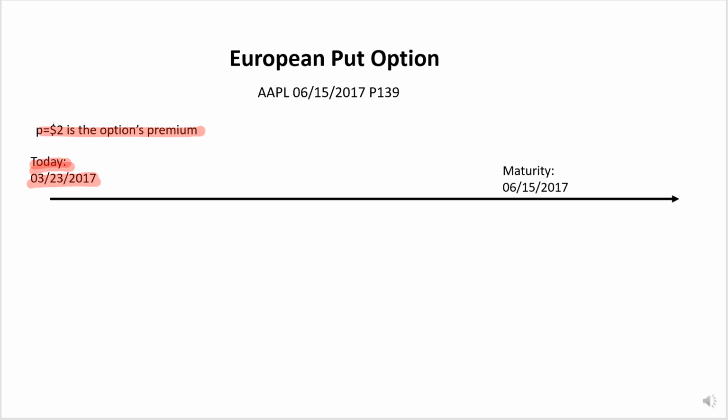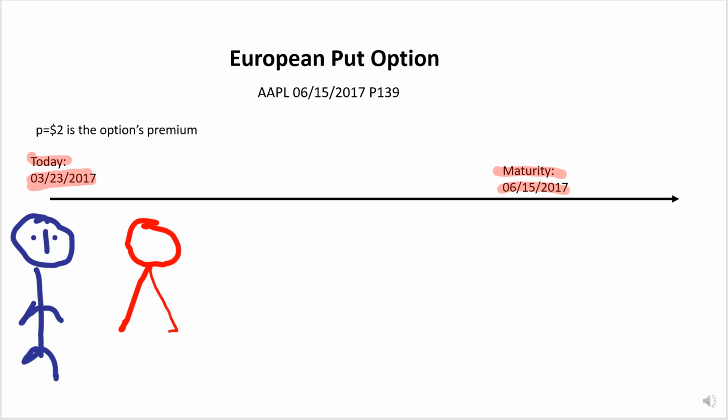So what we do now is look at what happens in terms of exchange between two different investors today and at maturity. We have on one hand the long investor, who is buying the option, and the short investor in red here, who is selling the option. These are different investors with different views on the market.